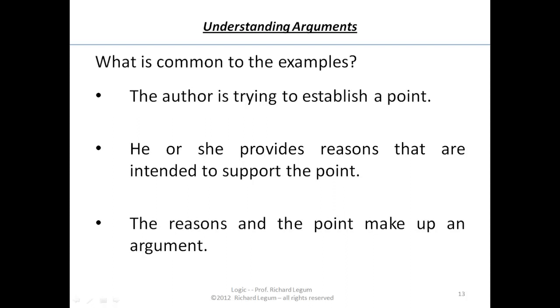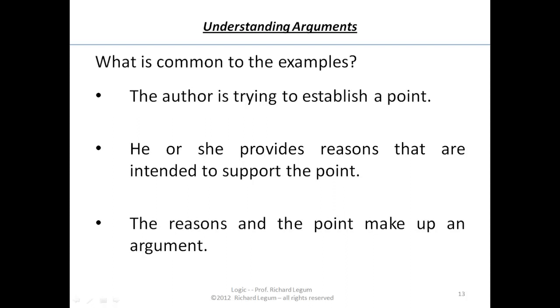They're concluding something, or trying to get you to a conclusion. We'll spend a little time figuring out what exactly a conclusion is. And notice, he or she is providing you with reasons that are intended to support the point. Not only are they saying, this is what you ought to believe, but they're saying, this is why you ought to believe it.